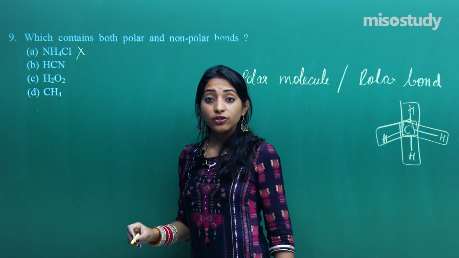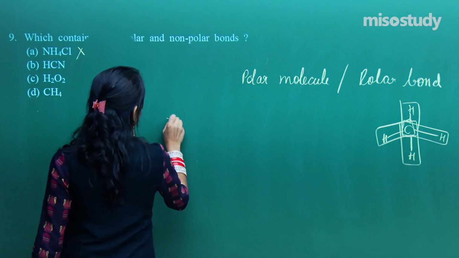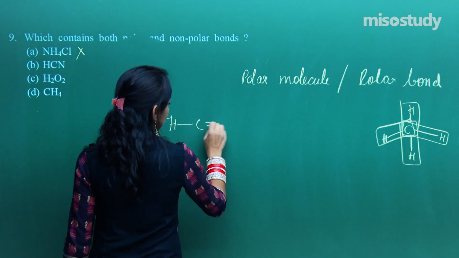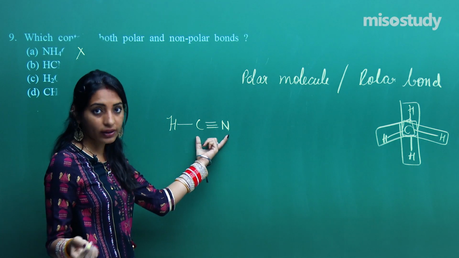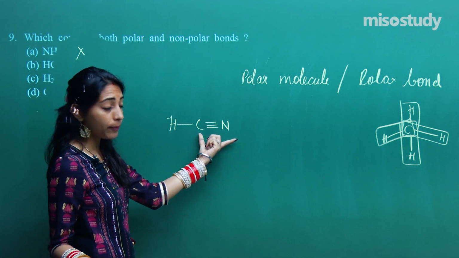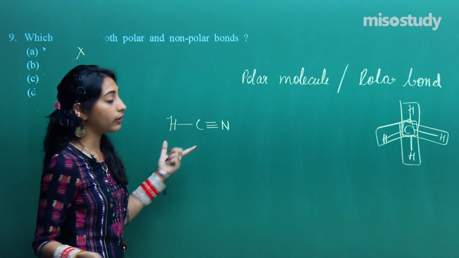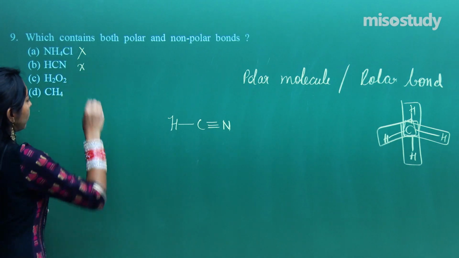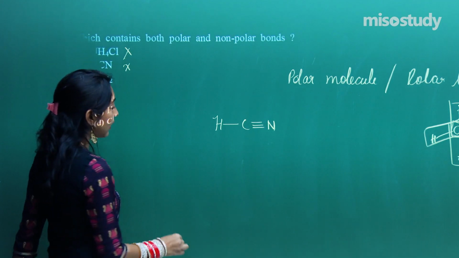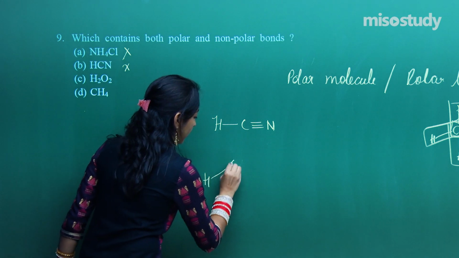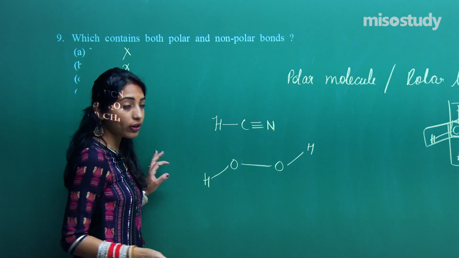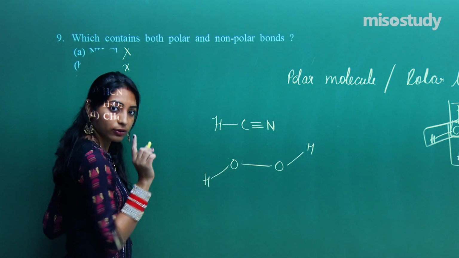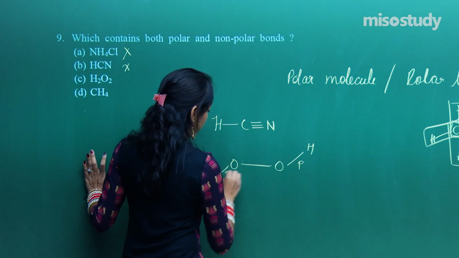Then we have HCN. HCN is written like H, C, triple bond N. So C and N are different in electronegativity, so polar. H and C again polar, but no non-polar bond is there, right? Consider H2O2. This is the structure of H2O2. There is a difference in electronegativity of oxygen and hydrogen, so polar, polar, polar.